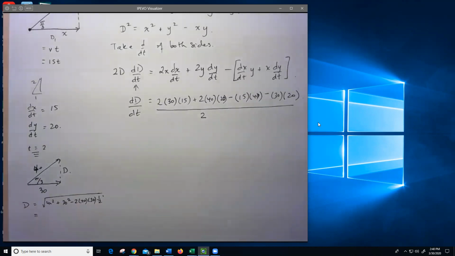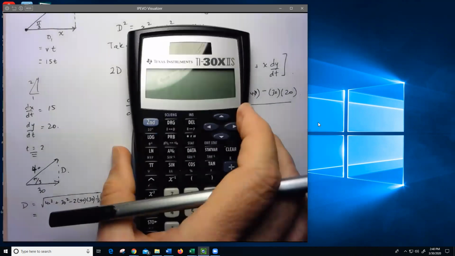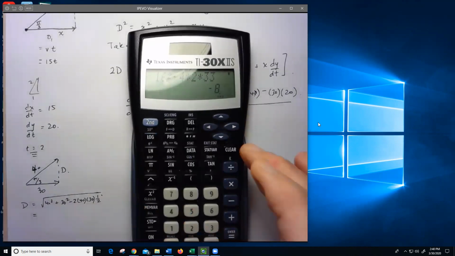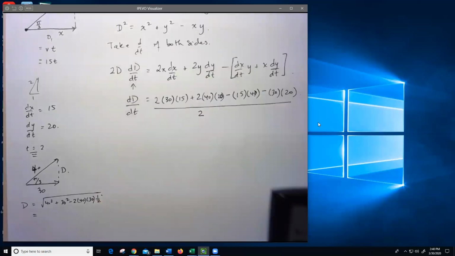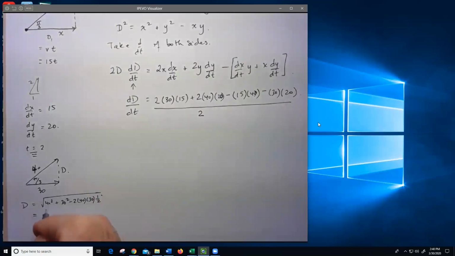Let's just take our trusty calculator and calculate. Okay, 40 squared plus 30 squared minus the 2 and the 1/2 cancel out. So minus 40 times 30, and that's equal to 1300. Okay, so square root of 1300.